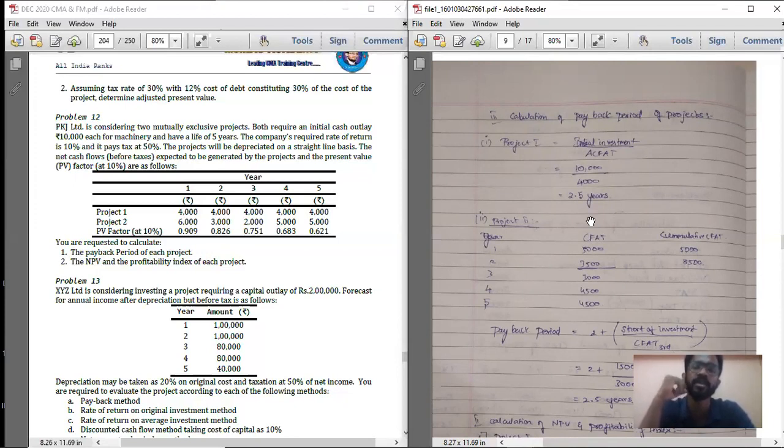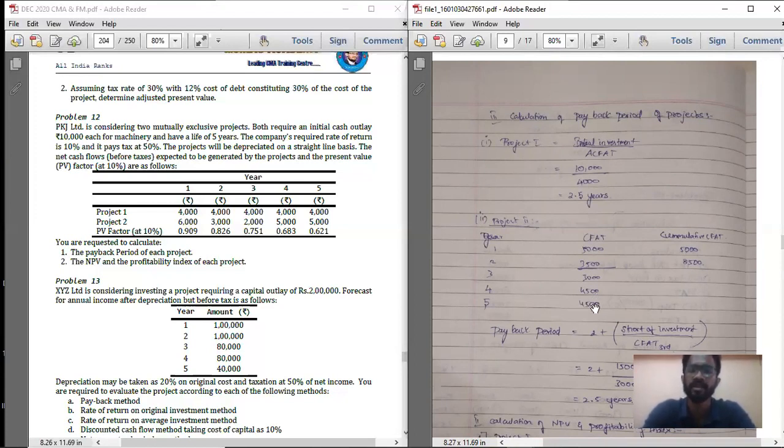And in respect of each year, record what is the CFAT. We have calculated the CFAT in statement number 2 for project 2. So copy it. For year 1 it is 5,000. For year 2, 3,500. For year 3, 3,000. For year 4, 4,500. And for year 5, 4,500. So we have copied all the CFATs.